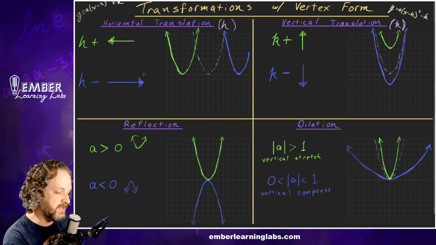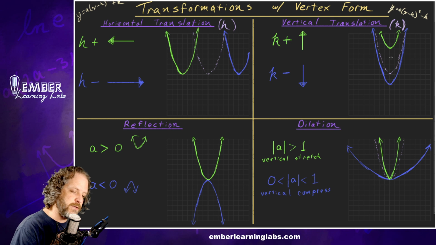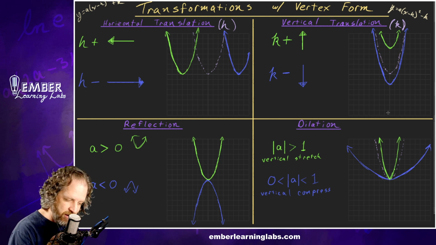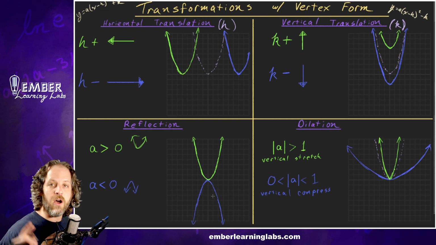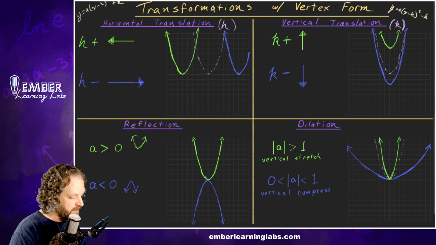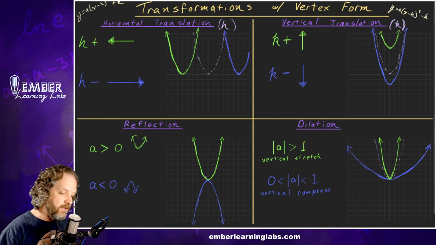If h is negative, it shifts the graph to the right. If k is positive, it shifts the graph up. If k is negative, it shifts it down. If a is negative, it reflects it. It flips it over, right? Now, if a is positive, it opens up. If a is negative, it opens down.